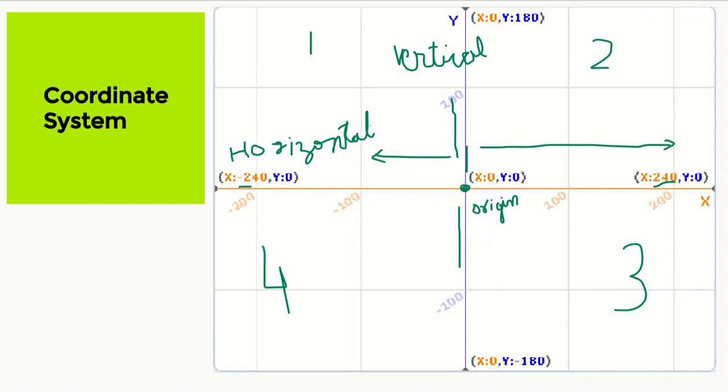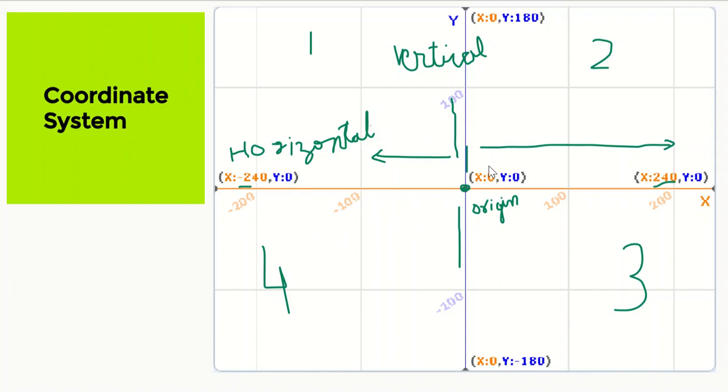So this is the coordinate system. In the coordinate system, we have two axes: one is the x-axis and another is the y-axis. Basically, we have given the name x to the horizontal line and y to the vertical line. The point where these two axes meet is known as the origin. The values of x and y also change.